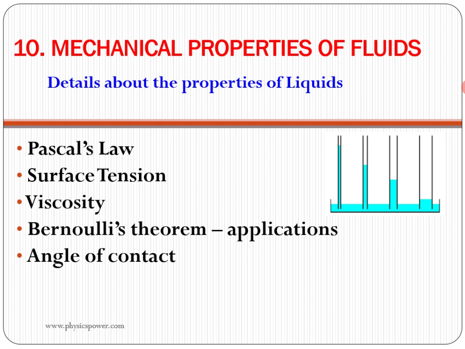If you keep different radii of cross section tubes, according to the diagram, see here different heights of rise you can observe. This is called capillary rise. So here the surface has a certain capacity to hold a certain weight, means the surface has a certain tension to hold a particular weight.